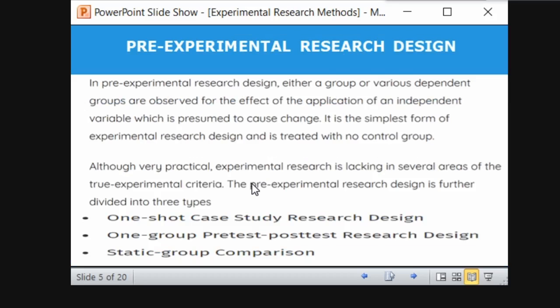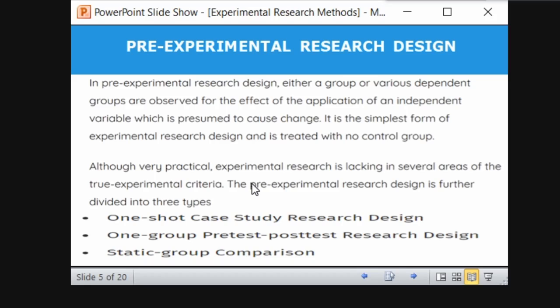So the first one is pre-experimental research design. In this type, either a group or various dependent groups are observed for the effect of application of an independent variable, which is presumed to cause a change. It is the simplest form of experimental design and is treated with no control group. Remember that it is treated with no control group.